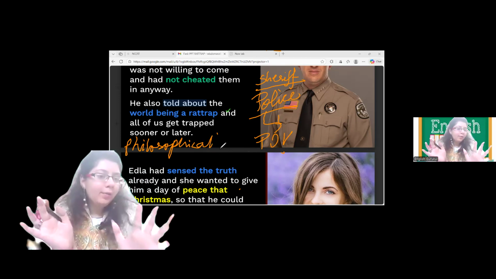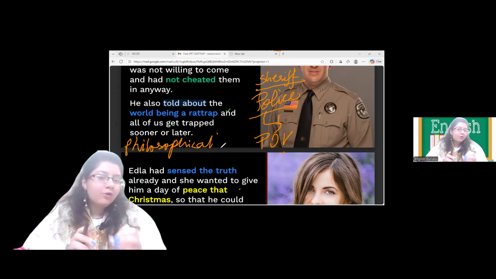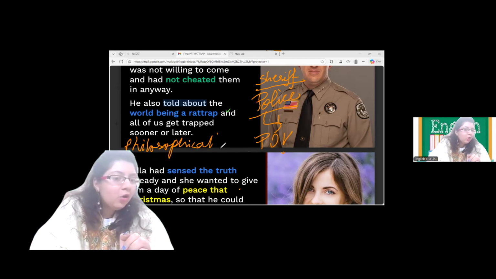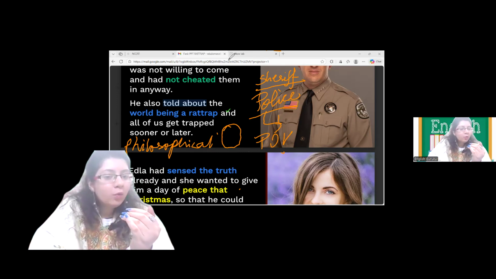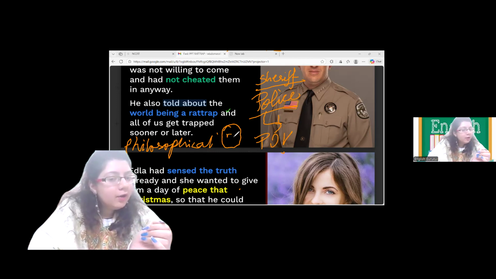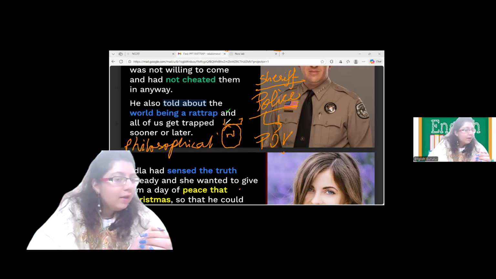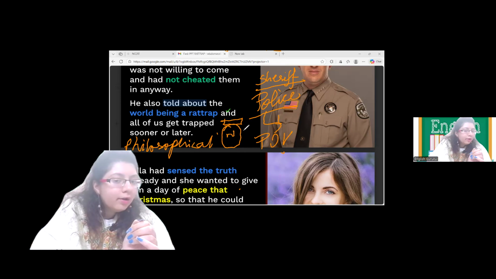So he also told about the world being a rat trap, and all of us get trapped. So imagine that this is the world being a rat trap, and all of us get trapped sooner or later.